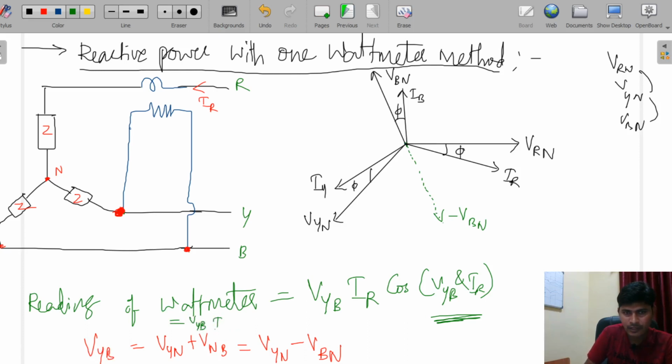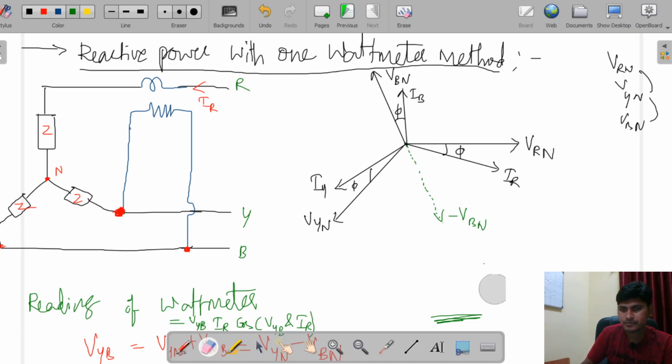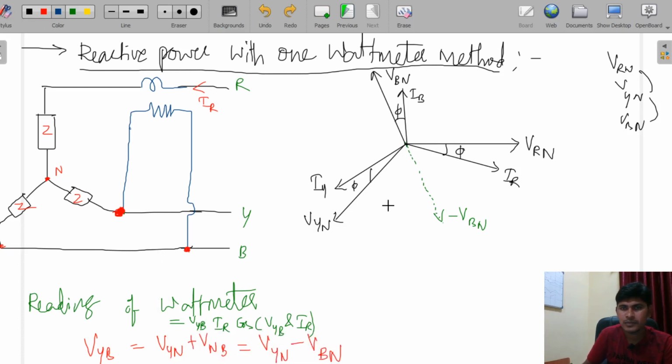VYB IR cos of the angle between VYB and IR.